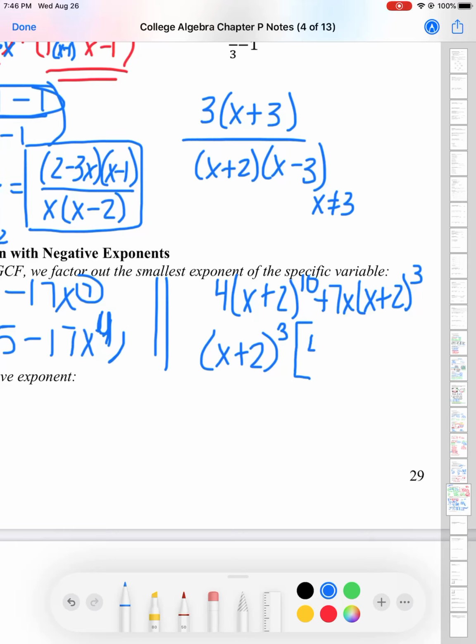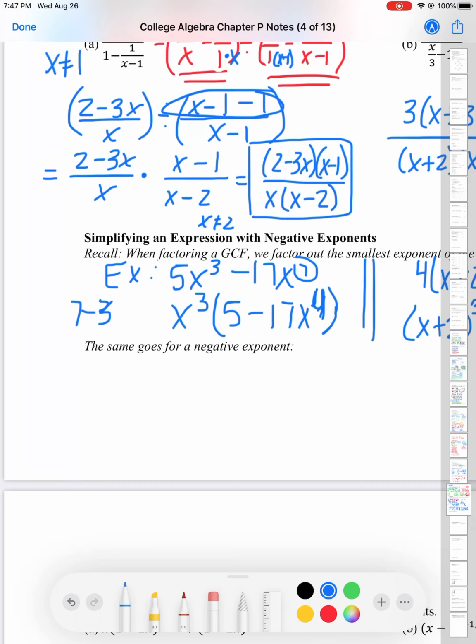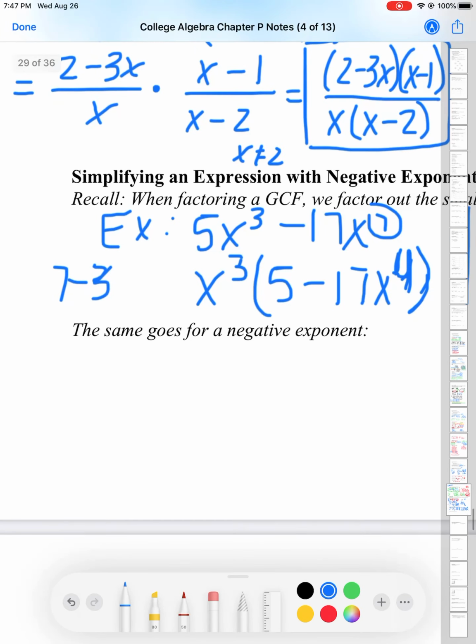So an x plus 2 to the 3rd power, and we're left with 4 times x plus 2 to the 7th power, and then plus 7x. So the same goes for a negative exponent.